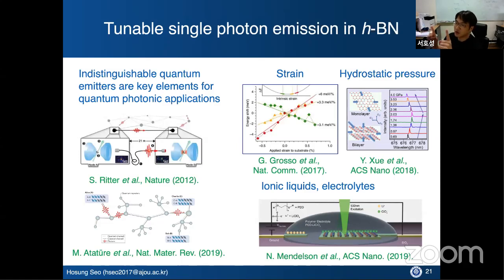If you want to do two-photon interference, you have to have identical photons coming from two different spots. But in 2D material, you have single photons from different spots, but their optical properties are different. So it's a problem. To resolve this issue, people developed ways to apply strain to tune the optical lines, or you can apply pressure, or you can apply ionic liquid electrolytes to apply an electric field. Then you can tune the optical lines of the single photons.